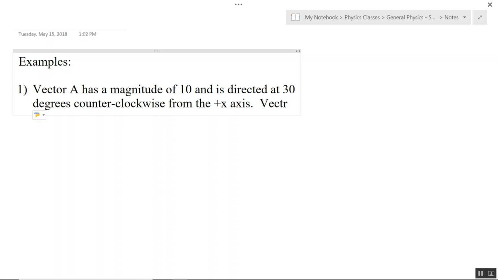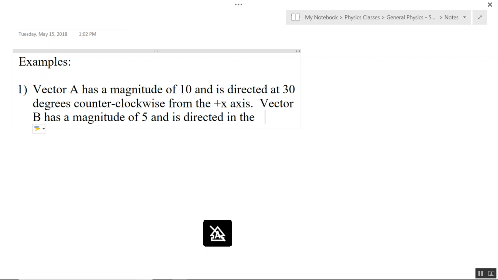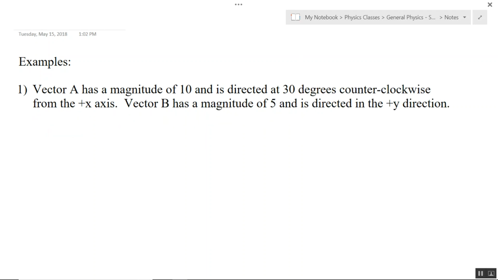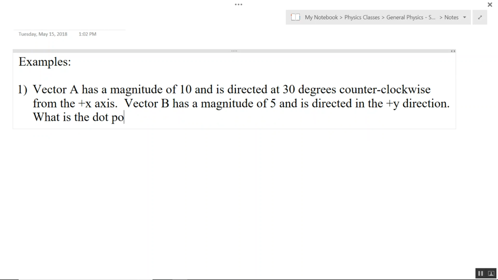Vector B has a magnitude of 5 and is directed in the positive y direction. So it's completely in the positive y direction. All right, so this is pretty straightforward, hopefully. What is the dot product of these two vectors?